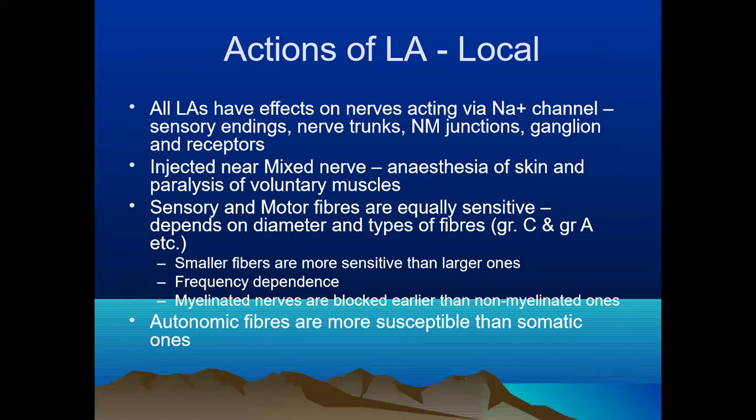Smaller fibers are more sensitive than larger ones, myelinated nerves are blocked earlier than non-myelinated nerves, and autonomic fibers are more susceptible than somatic ones.